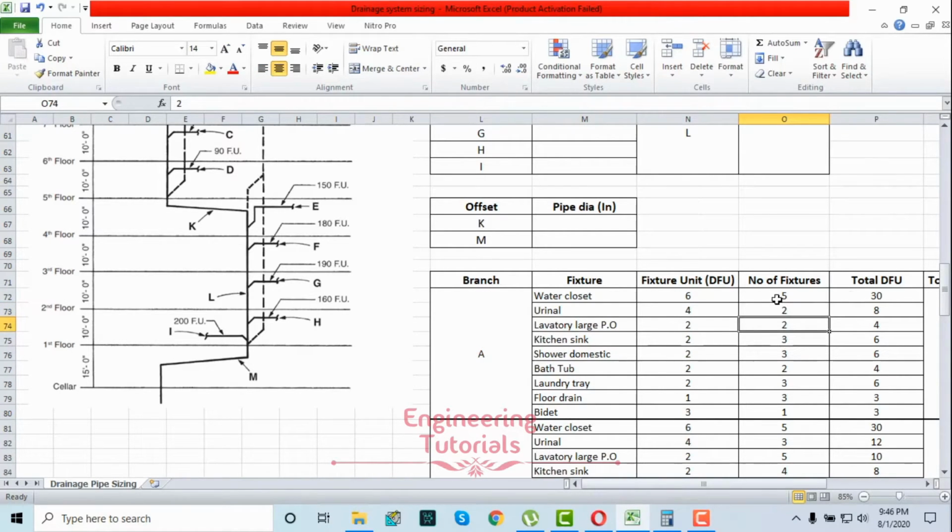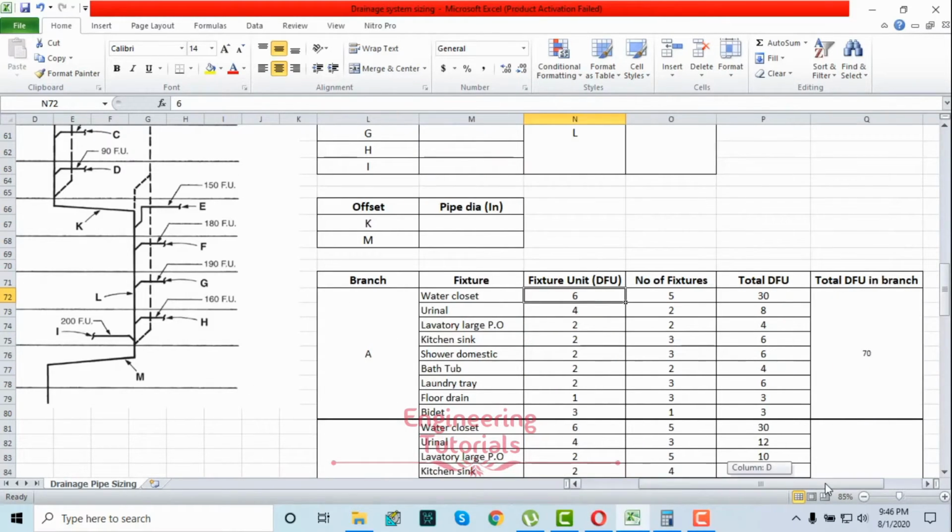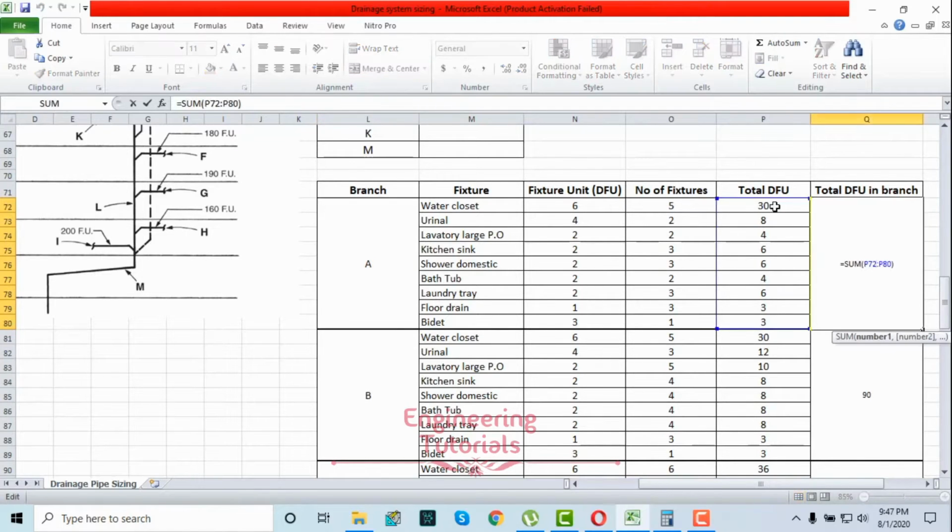You need to multiply the number of fixtures with the individual drainage fixture unit value, and you will get the total drainage fixture unit value for the water closet in branch A. The total for branch A will be the sum of all these fixtures: 30 for the water closets, 8 for the urinals, and so on. Summing all of these gives the total drainage fixture unit value in branch A, that is 70.